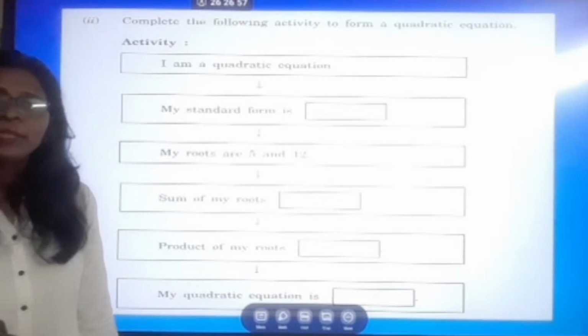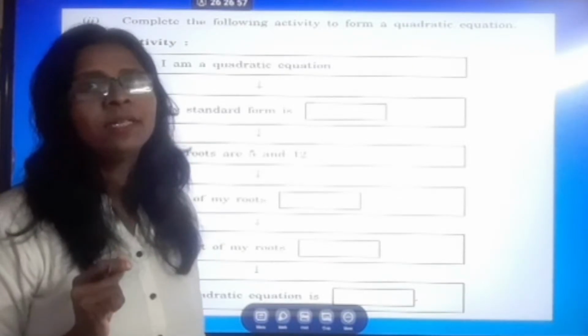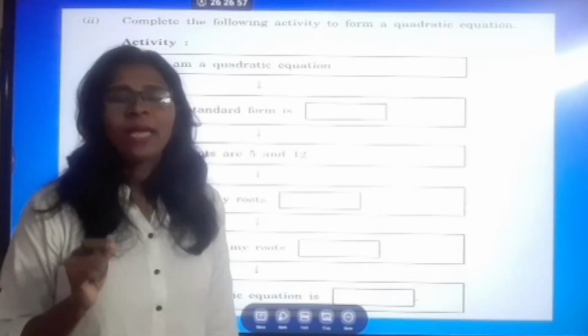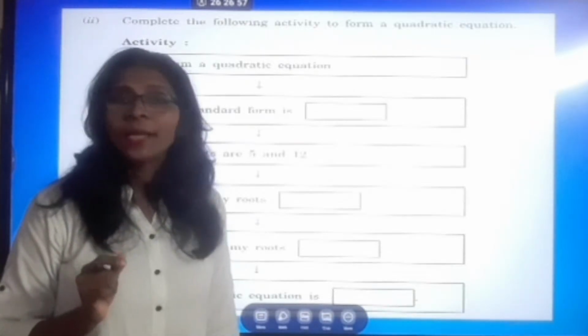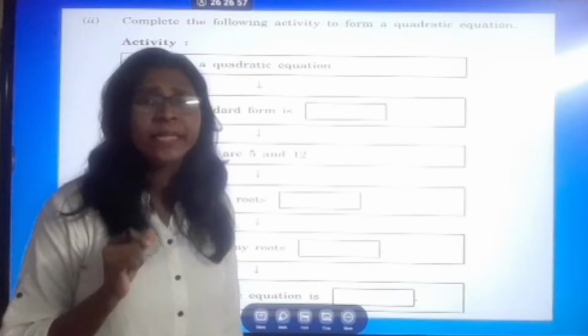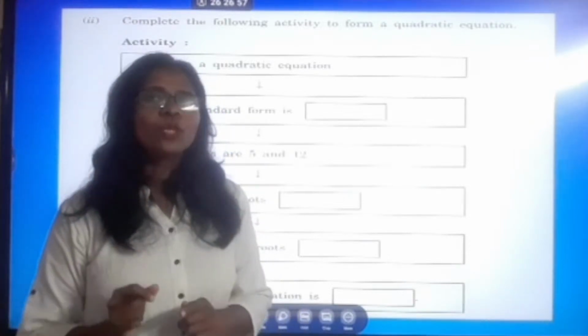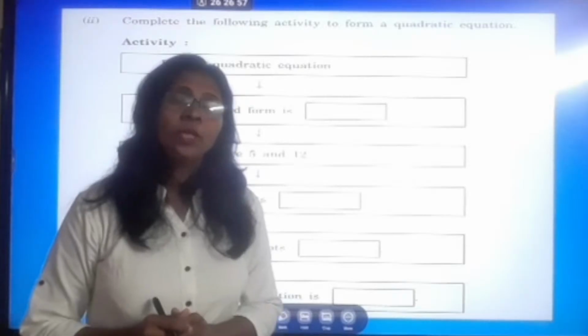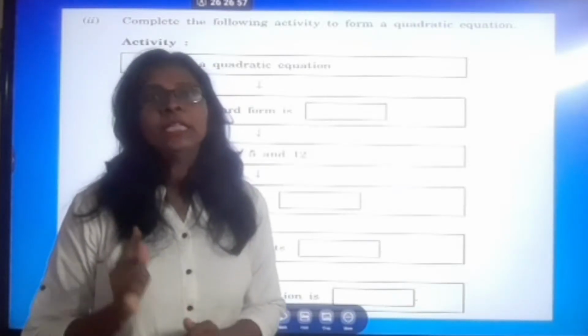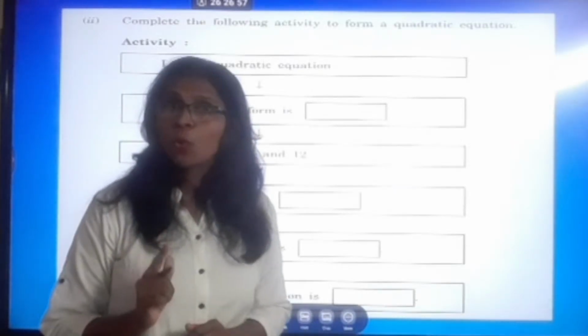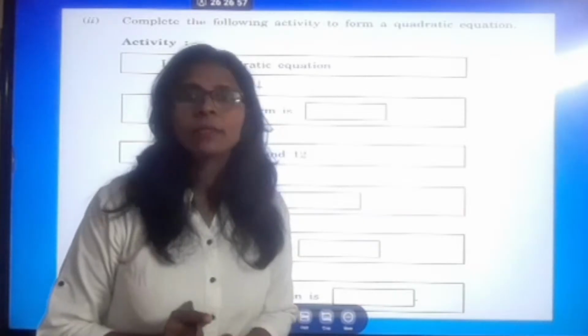Question 2b is based on the activity, activity-based questions, and these questions are very easy, students. You should solve these questions to score 100% result.